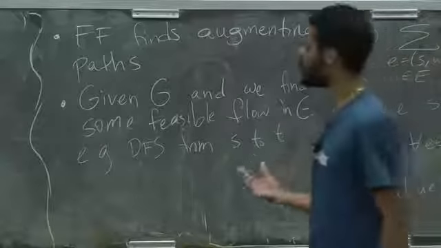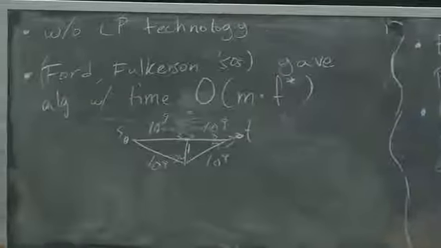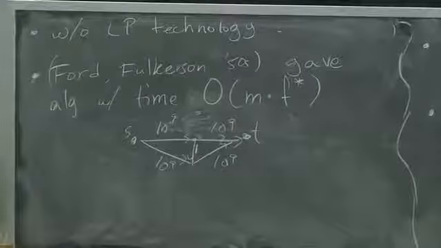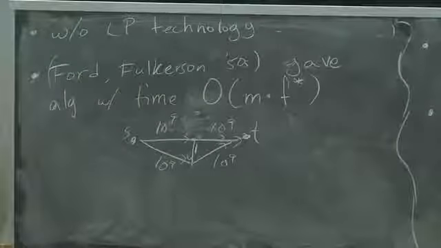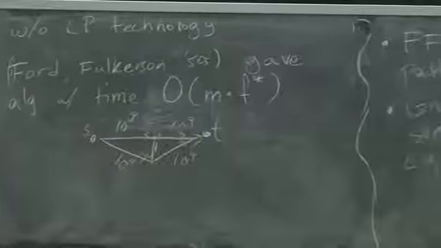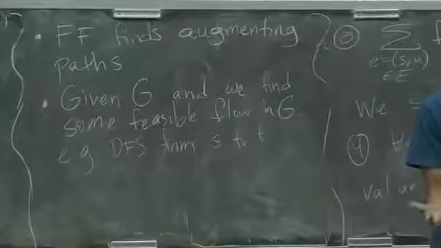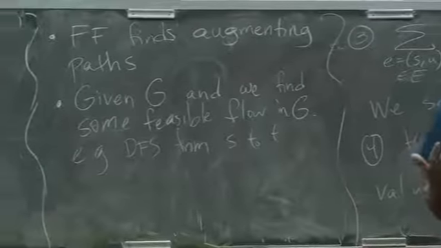When I say DFS, only consider the edges that have positive capacity. Do a depth first search on that graph. Now you'll find some path from S to T. That path has a minimum capacity on it, so just put that minimum capacity on the flow.